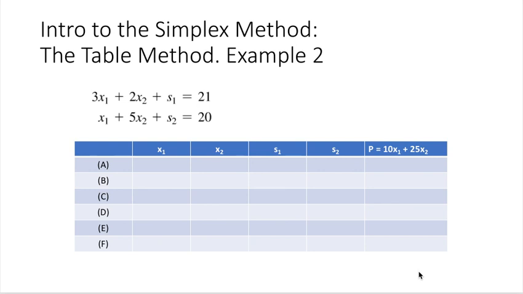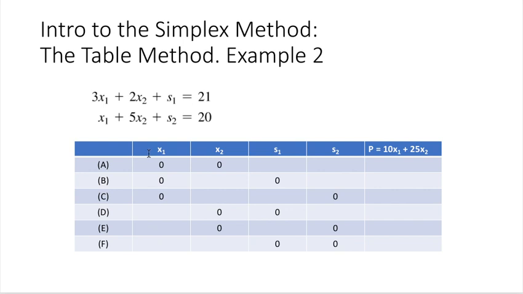So the first thing we need to do, this is step 2 in the table method, is to create the table by introducing zeros, 2 zeros for each row. And we're going to write down all the different combinations.